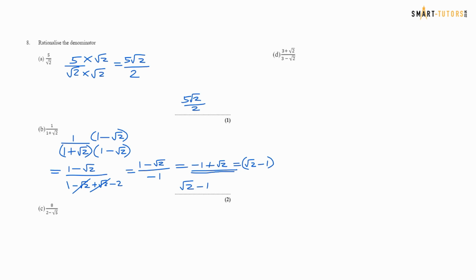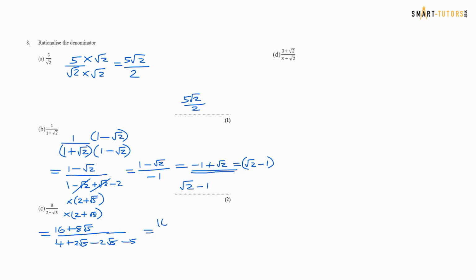C part, 8 over 2 minus root 5. So to rationalize the denominator, you need to times top and bottom by 2 plus root 5. Now when you times, 8 times 2 is 16 plus 8 root 5, over 2 times 2 is 4, 2 root 5 minus 2 root 5 and minus 5.